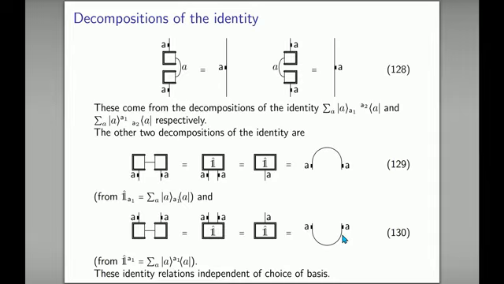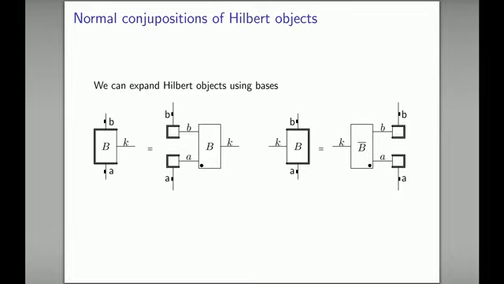Okay, so now what I want to do is think about normal conjupositions of Hilbert objects. What we can do is take some Hilbert object and expand it using a basis for each of the systems. So write it like that.